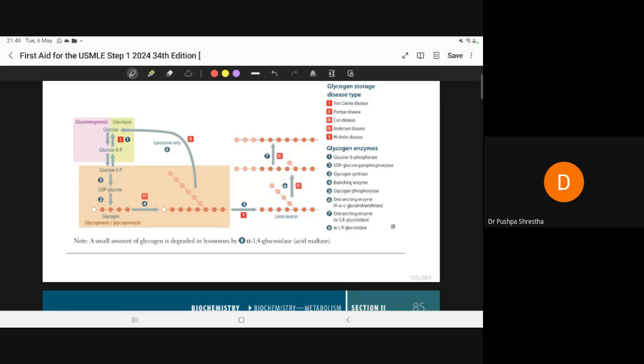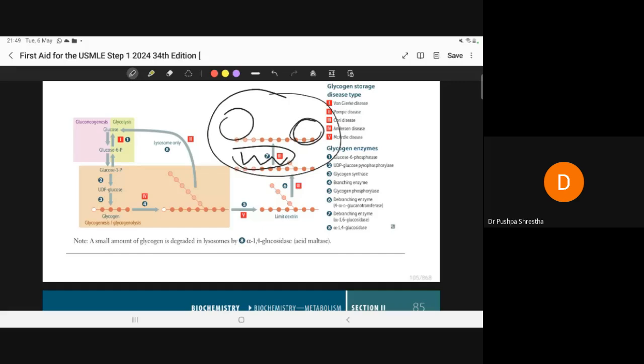One more thing, your glycogen is stored inside the cell, of course, your liver cells, but some glycogen is also stored in your lysosomes. Okay, and for the degradation of whatever glycogen is inside the lysosome. What is lysosome? This is your whole cell, this is the nucleus, and this is mitochondria, you can say.